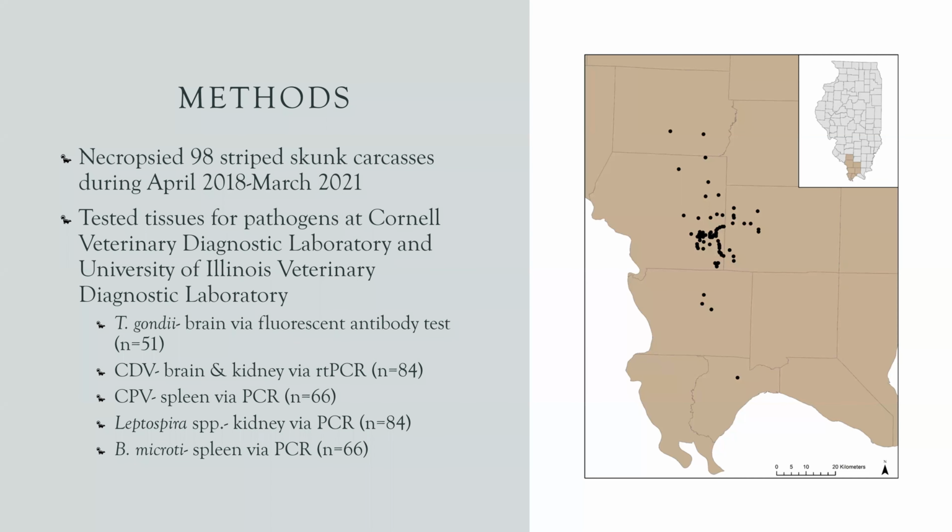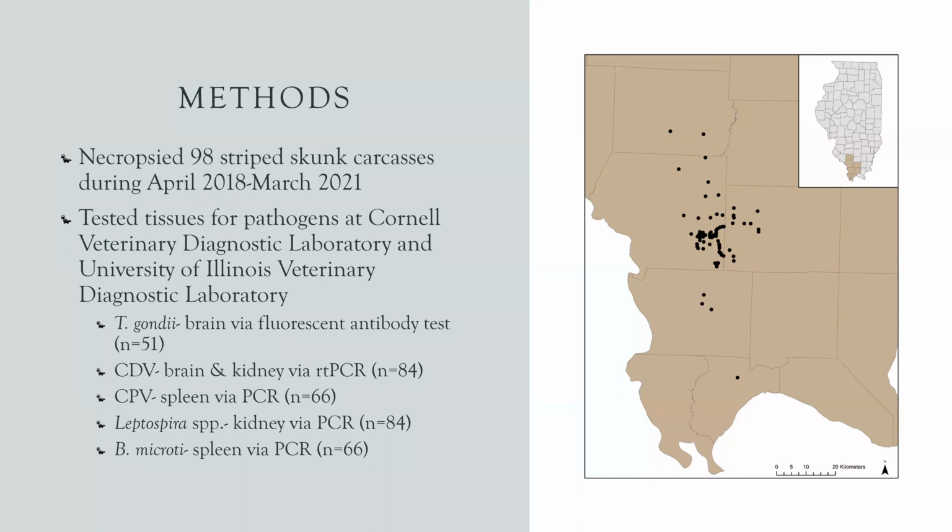So for this part of the study, I necropsied 98 striped skunk carcasses that were collected during April of 2018 to March of 2021. During these necropsies, I collected tissue samples and then tested these tissues for pathogens with the Cornell Veterinary Diagnostic Laboratory and the University of Illinois Veterinary Diagnostic Laboratory.